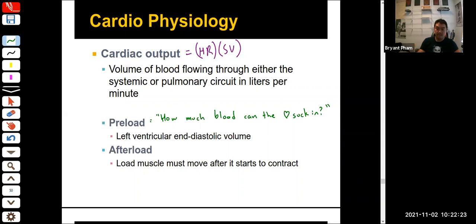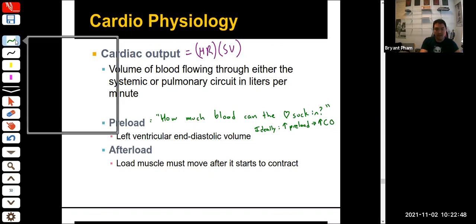So generally, preload, let me say, ideally, you want a high preload because that's going to give you a high cardiac output. Okay, but yes, you can actually end up overfilling.